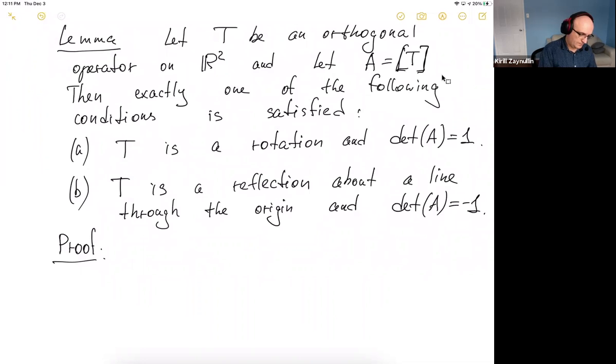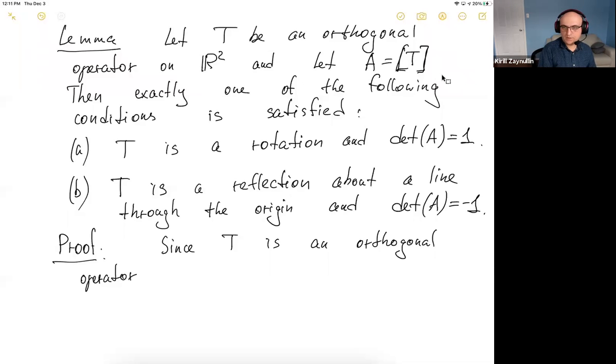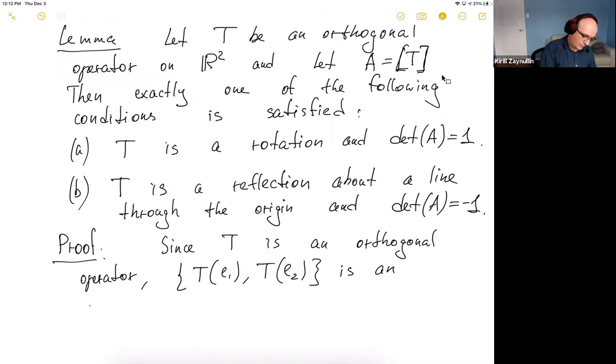So first of all, since T is an orthogonal operator, it preserves the orthonormal basis. So if you apply T to the standard basis, then this basis T of E1, T of E2 has to be again an orthonormal basis.